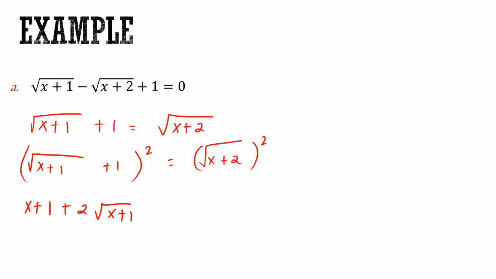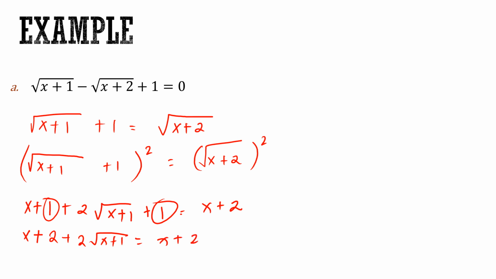Then square the last term, so we got plus 1 equals x plus 2. Let's simplify. We got 1 plus 1, that is 2, plus 2 square root of x plus 1 equals x plus 2.